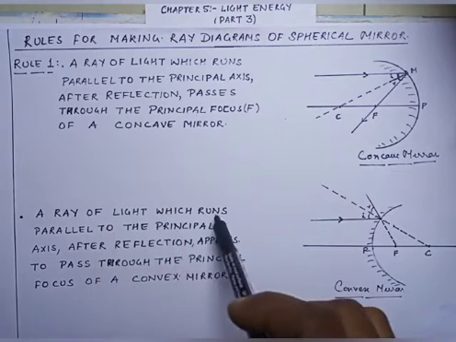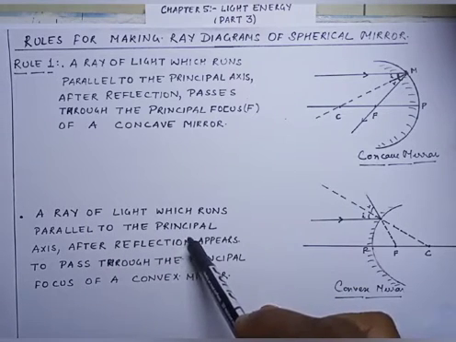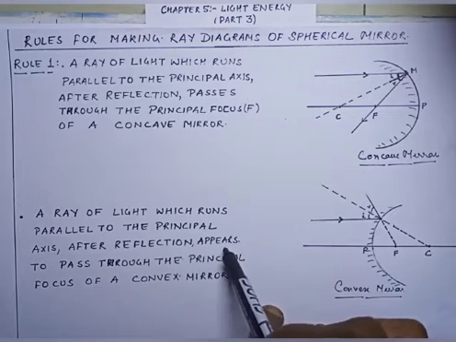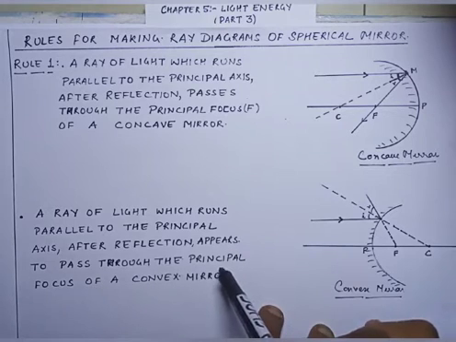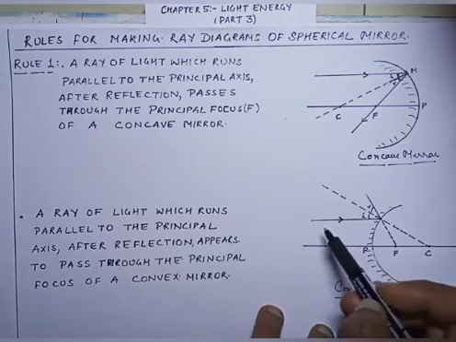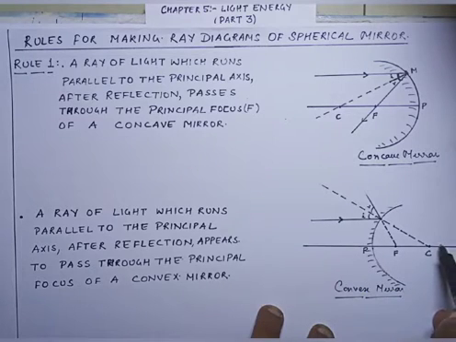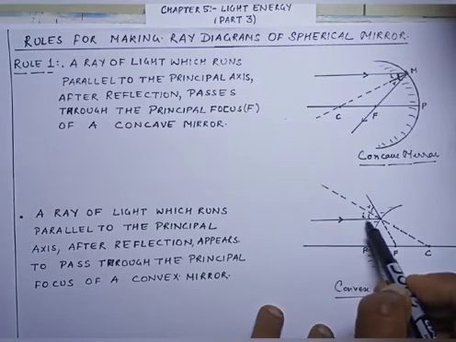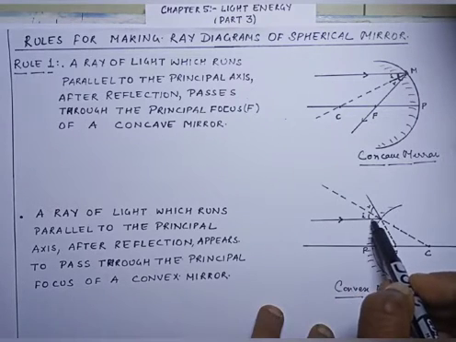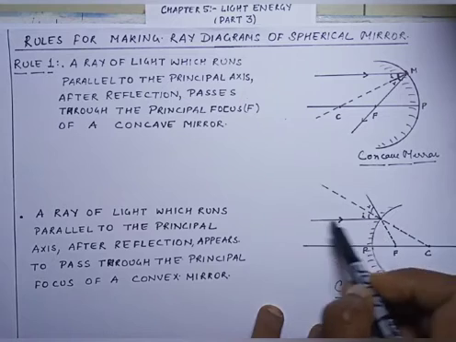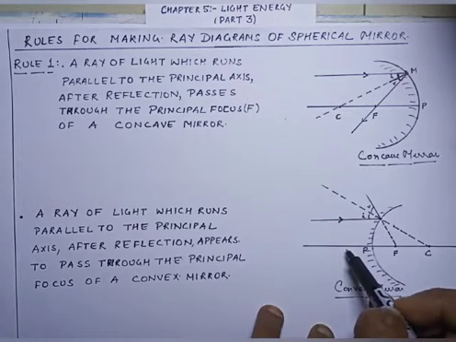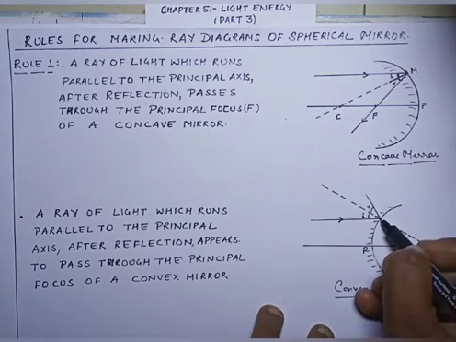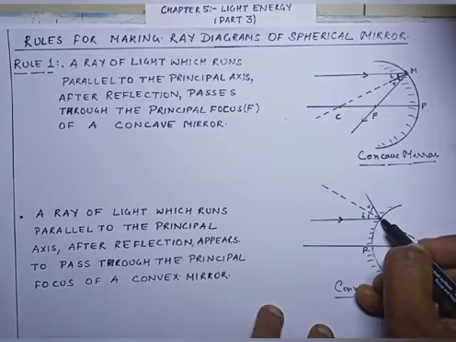A ray of light which runs parallel to the principal axis, after reflection, appears to pass through the principal focus of a convex mirror. Now this is the principal axis and this is an incident ray parallel to the principal axis. After striking the mirror, a small portion will act as a tangent.